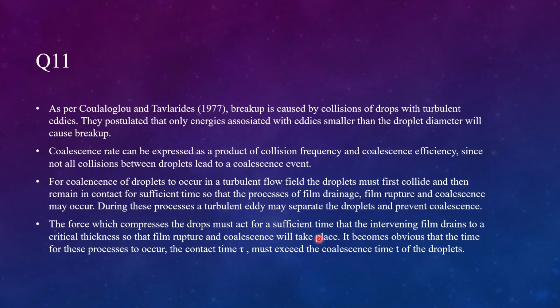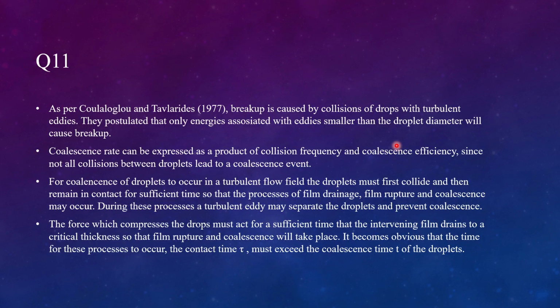And then the coalescence rate between the bubbles is influenced by the product of collision frequency and the coalescence efficiency, because not all collisions lead to coalescence. For coalescence to occur, the bubbles must first remain in contact with each other for a sufficiently long period of time, and they must form a flat surface.